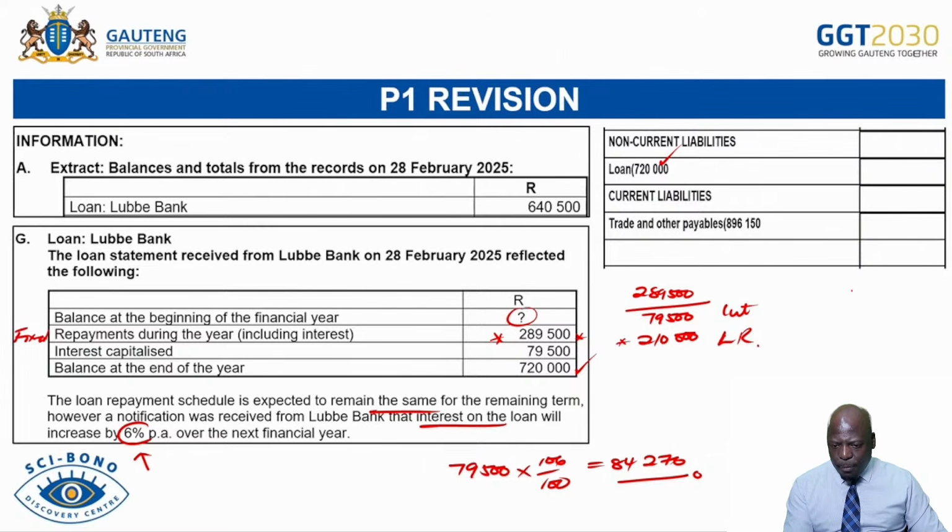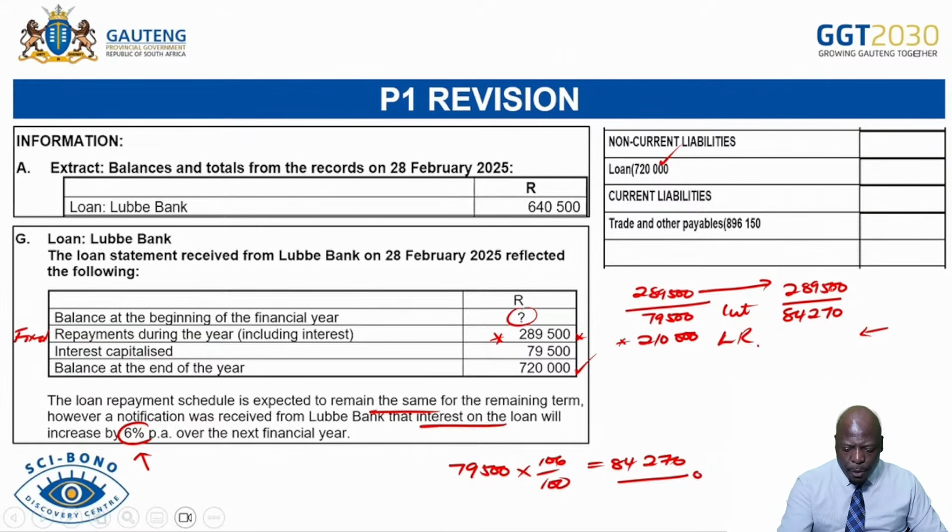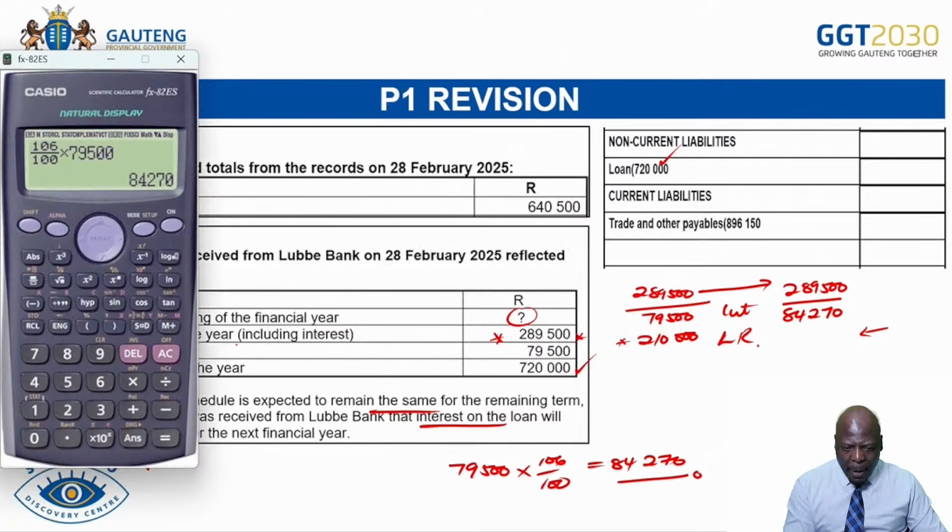If interest will be 84,270, yet the monthly repayments remain fixed, which is 289,500, the difference between the two will give us the next year's capital portion of the loan to be paid.